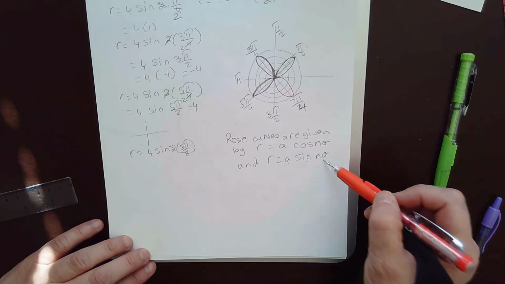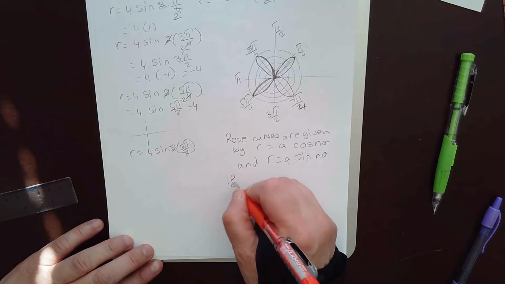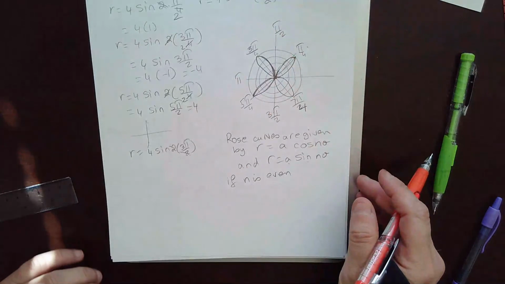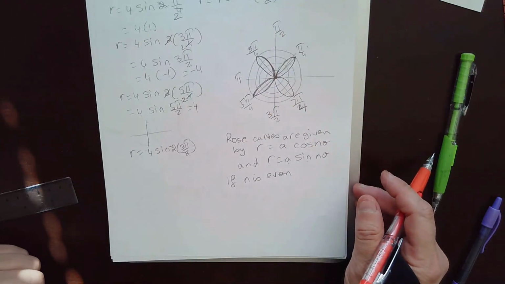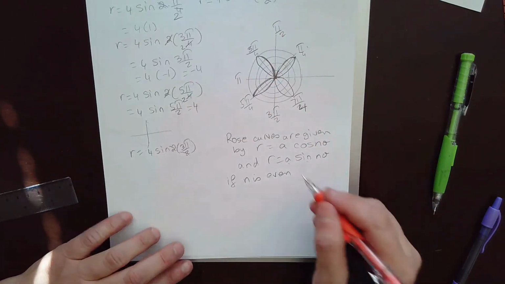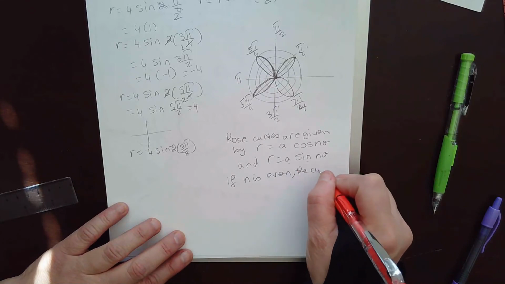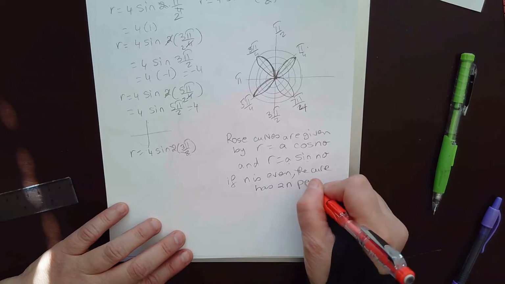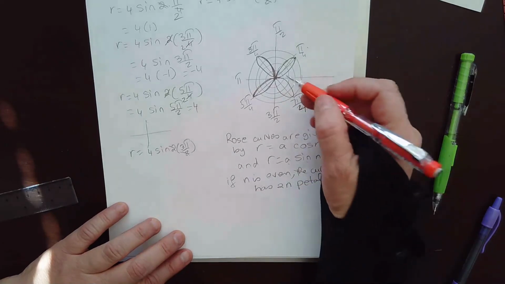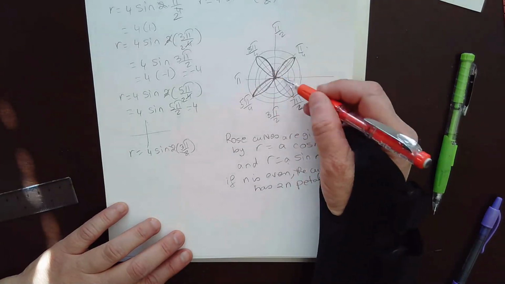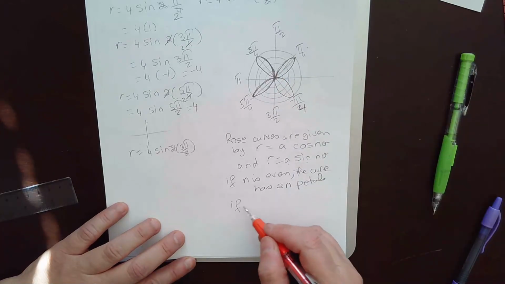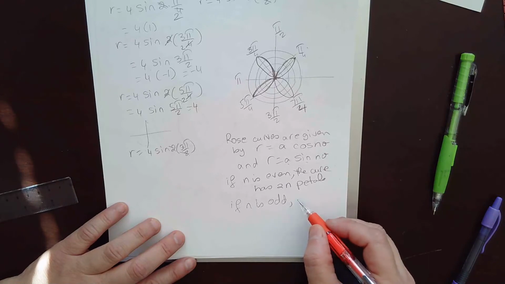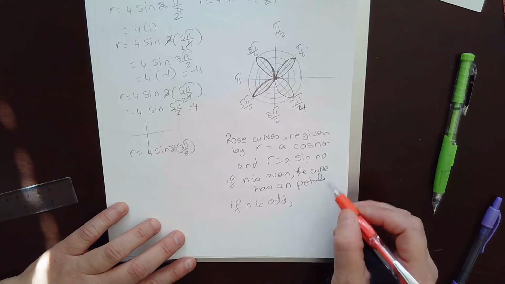Now, if n is even, like we have in here, the curve has 2n petals. The curve has 2 times n petals. What are the petals? There they are. 1 petal, 2, 3, 4. If n is odd, the curve has n petals.